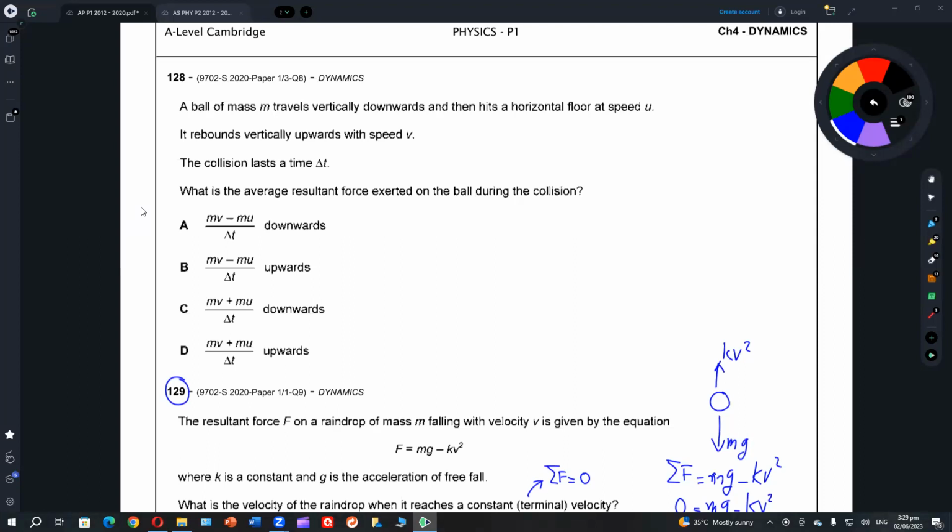A ball of mass M travels vertically downward and then hits a horizontal floor at speed u. It rebounds vertically upward with the speed v. The collision lasts for time delta t.